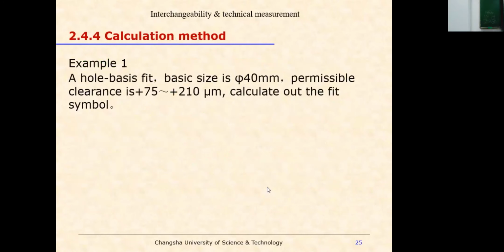So there is an example. Like this one, a hole basis fit, the basic size diameter is 40 millimeter. Permissible clearance is 75 to 210 micrometers. Calculate the fit symbol. So how do you choose the fit symbol?